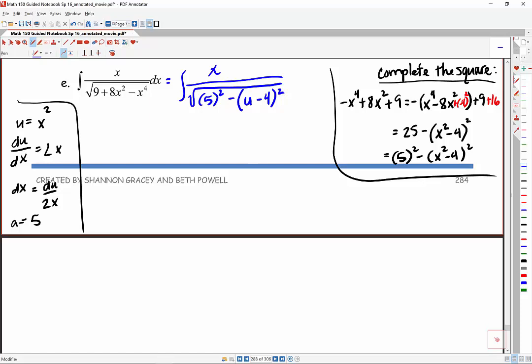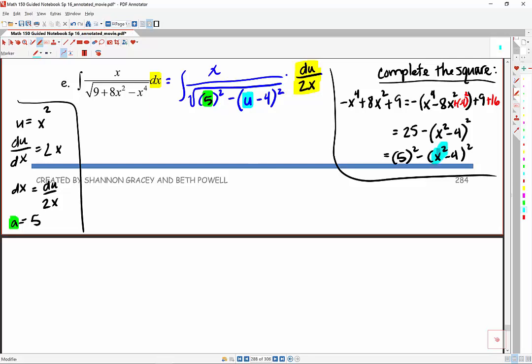All right, so now what was in for dx? Good. dx was equal to du divided by 2x. So got this going on here. Our a is the 5, and then u is in for our x squared.